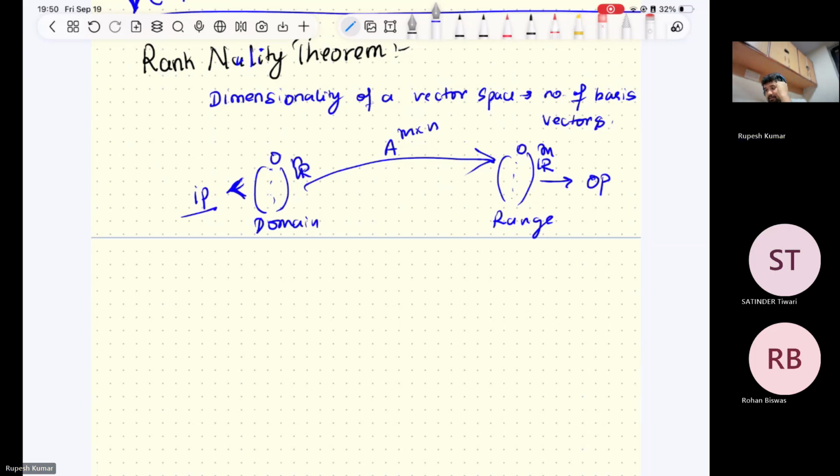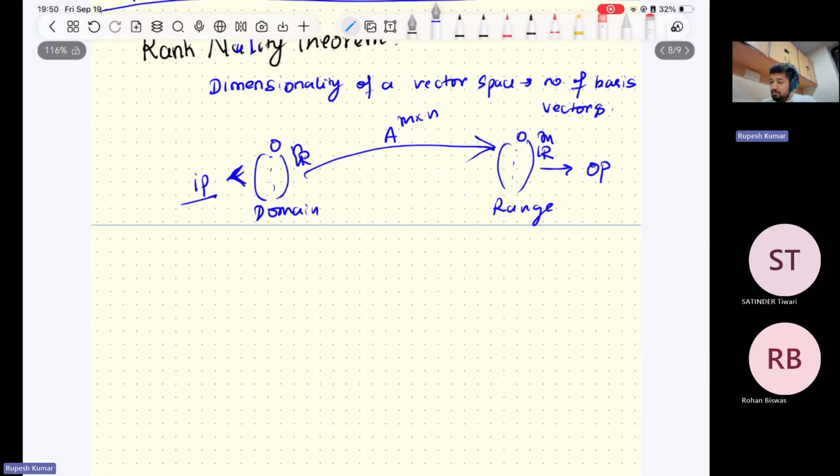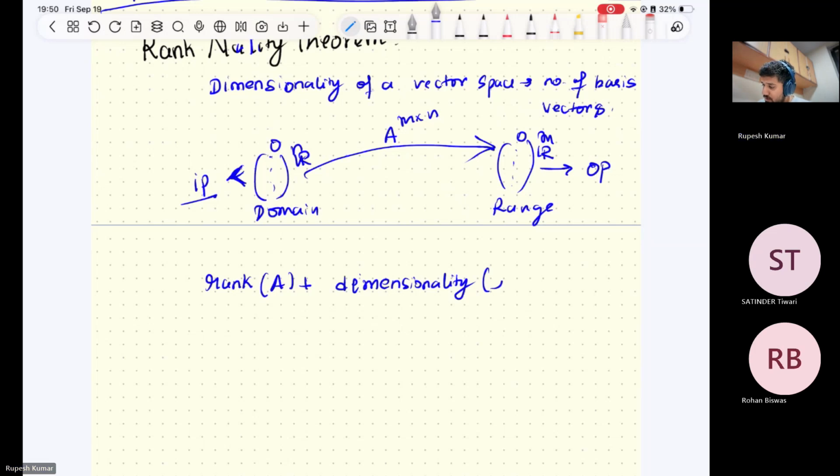Then the rank nullity theorem says that the rank of the matrix A plus the nullity, which is basically the dimensionality of the null space of A, is equal to the dimensionality of the input space.